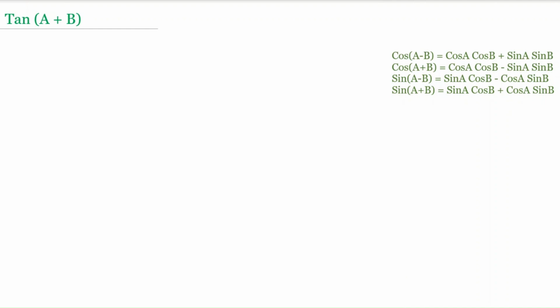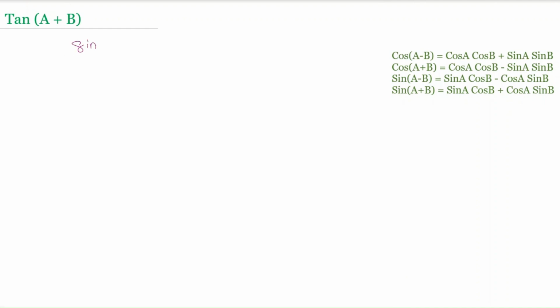If you want to know further details on how to derive these formulas, you can check the link attached in the description. Now coming to this, from these four formulas, we can derive formulas for tan A plus B, tan of A minus B, cot A plus B, cot of A minus B, and a few more formulas. We'll look into a few of those now. Tan can be written as sin upon cos.